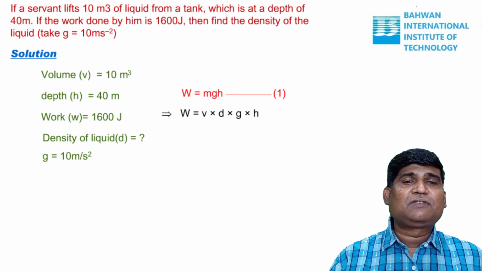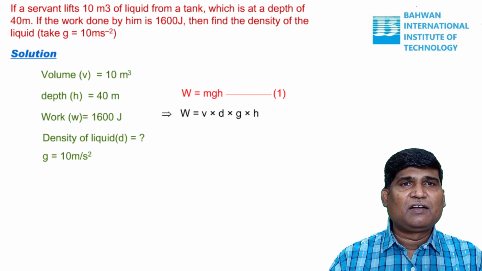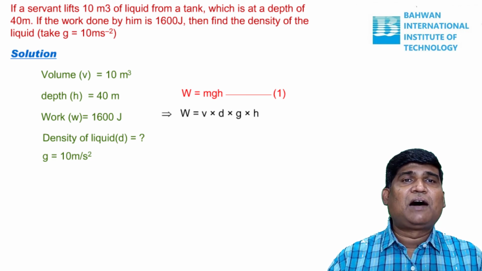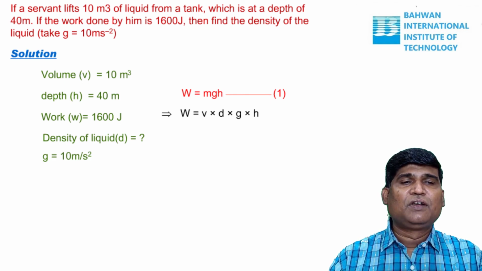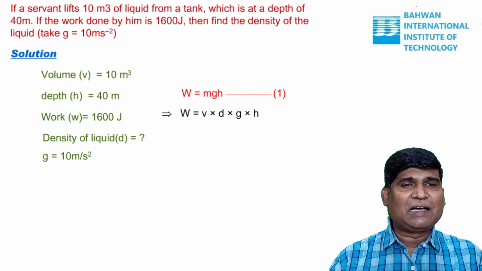Now these values I am substituting here. But the mass of the liquid is not given. Then how will we get the mass of the liquid? We know that mass is the product of volume and density. So I am writing volume into density as the mass. Then the formula will become work done is equal to volume into density into acceleration due to gravity into h.